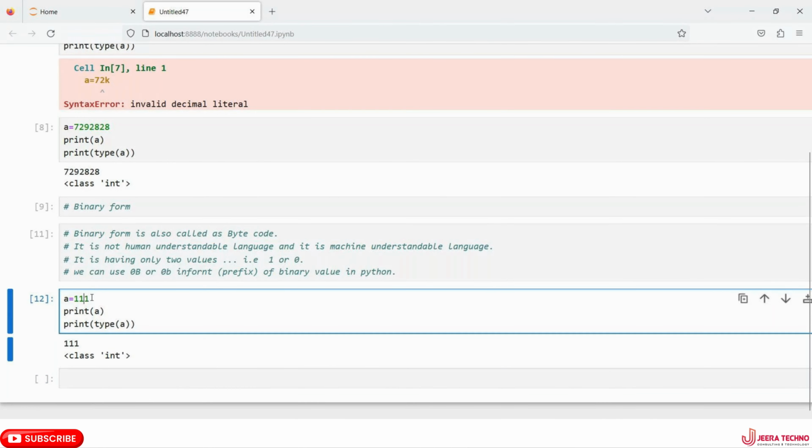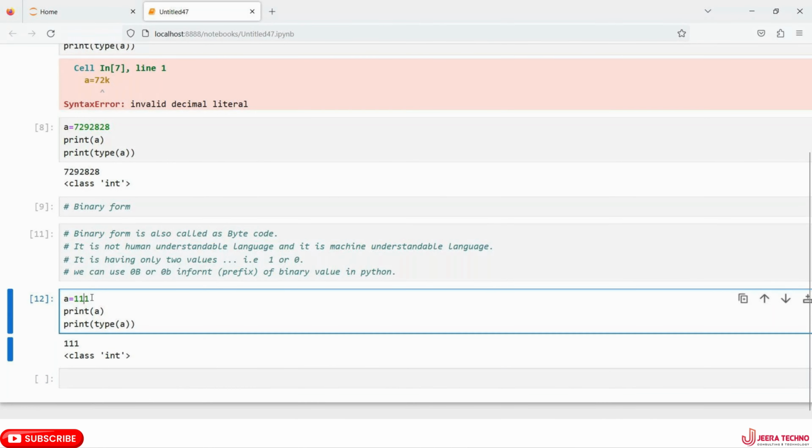So what will happen here? 1 into 2 square plus 1 into 2 power 1 plus 1 into 2 power 0. So 1 into 2 square means 1 into 4, plus 1 into 2 power 1, that is 2.